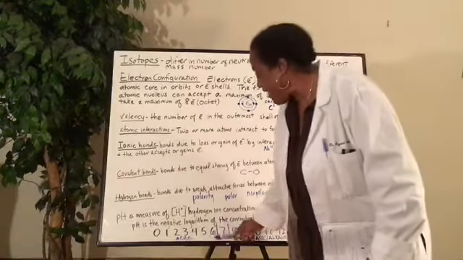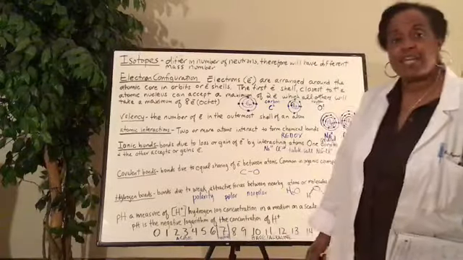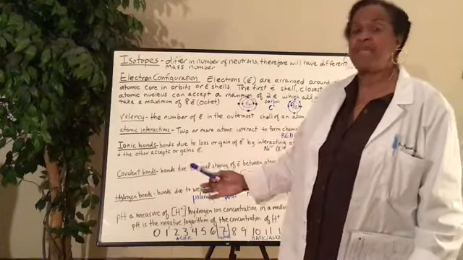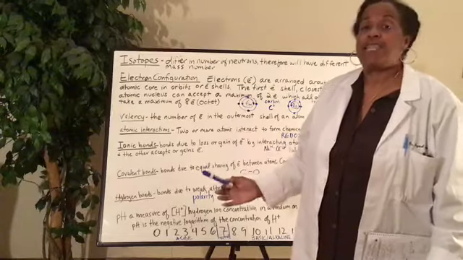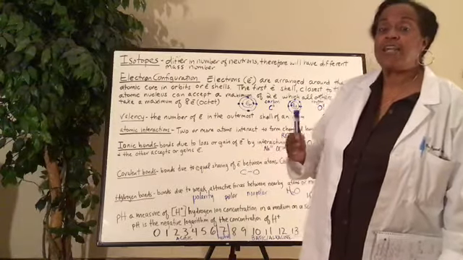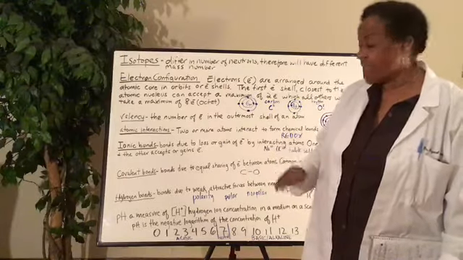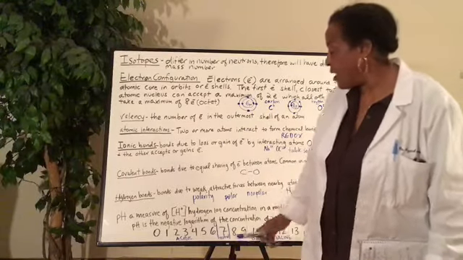We have 7 in the middle, and 7 is neutral. In other words, it has just as many hydrogen ions as hydroxyl ions. So it's a balance, it's neutral. They cancel each other out.